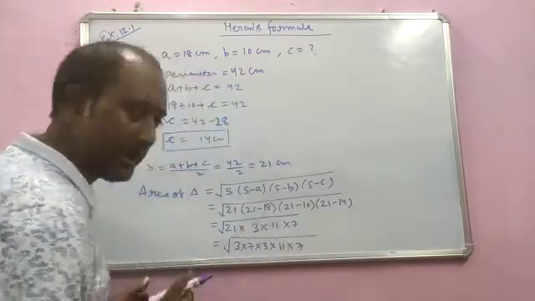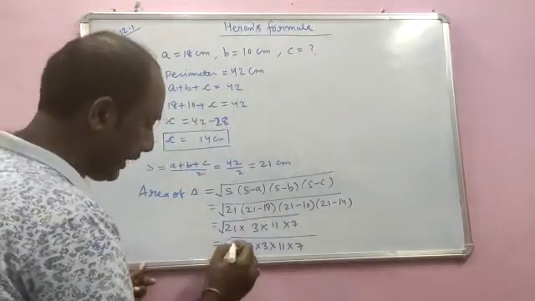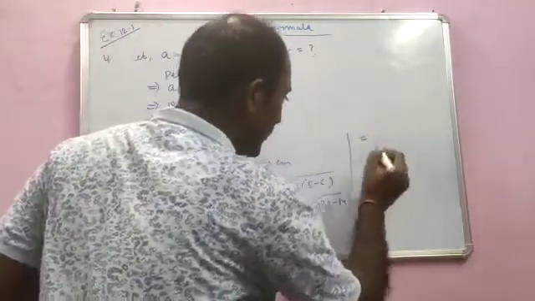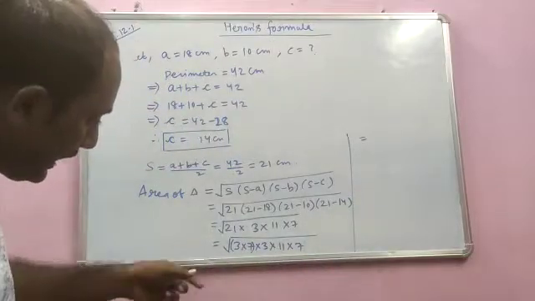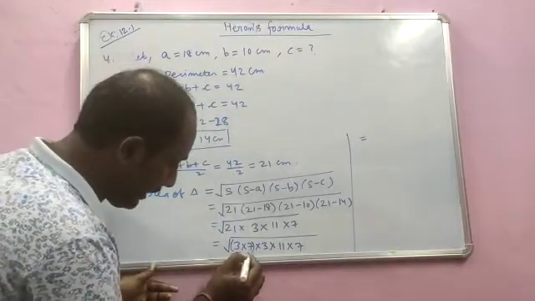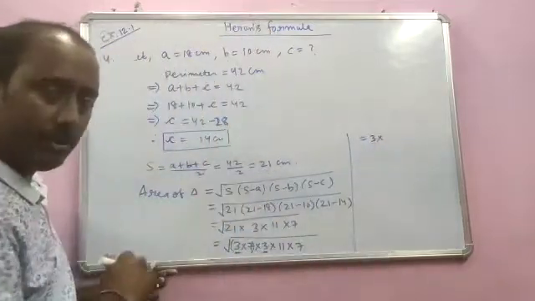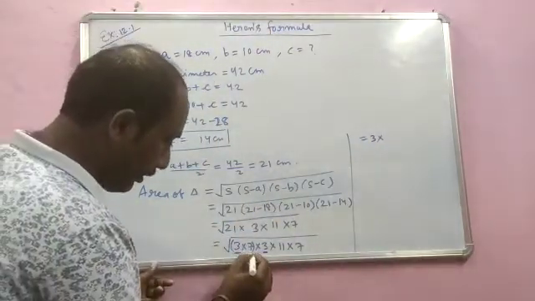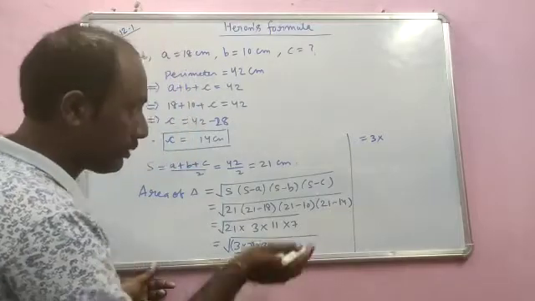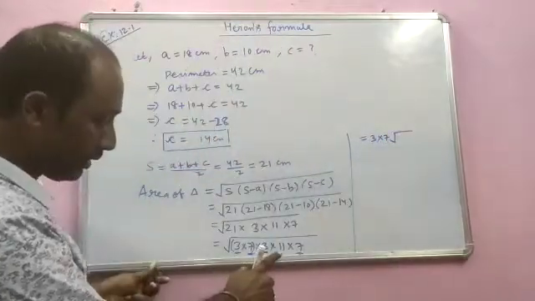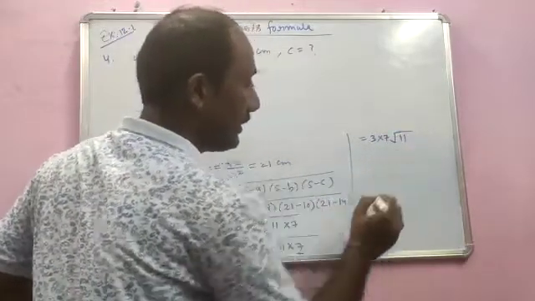These are prime numbers, we cannot do anything with them, but 21 can be written as 3 into 7. Now I am doing the calculation here. We see that 3 is in a pair, so I am underlining it and writing 3 outside, because we are taking it out of the square root. 7 also is in a pair, so we will take it out, 7 outside. And what is left in the square root? 11 is left.